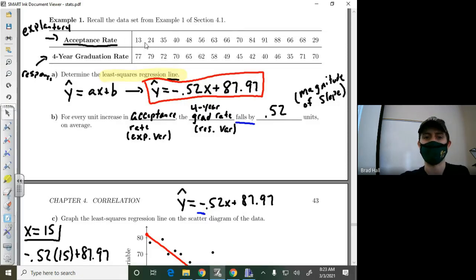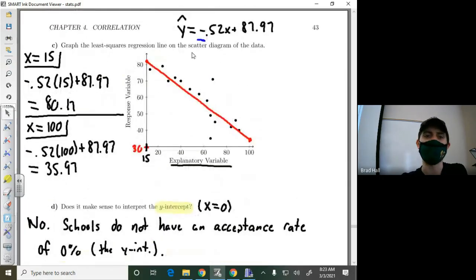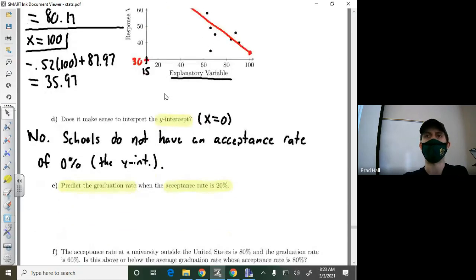None of these are 20. Some of them are kind of close, but what this regression line does, and ultimately the formula that we have obtained, will allow us to predict what may result whenever we supposedly postulate that an x value or a y value is a certain value.